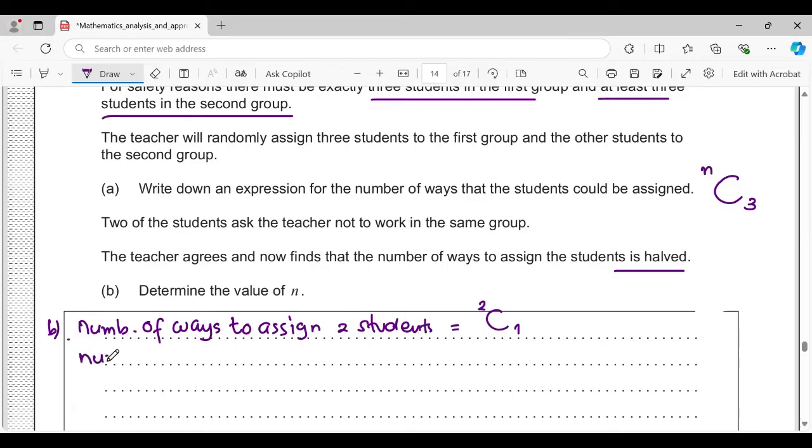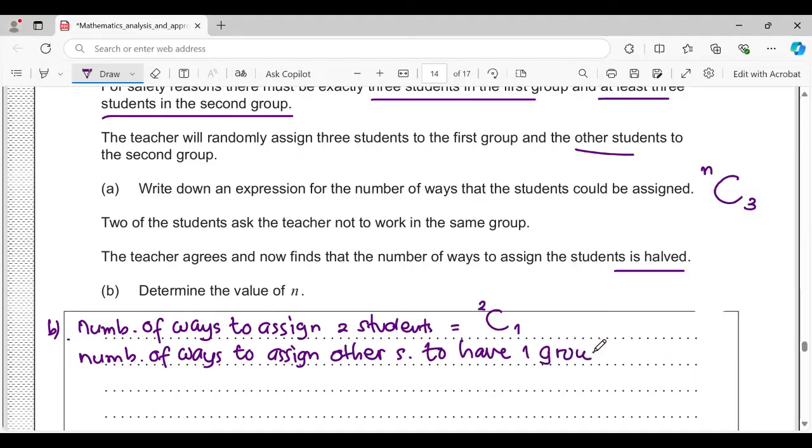And after that, the number of ways to assign the other students to have one group of three.